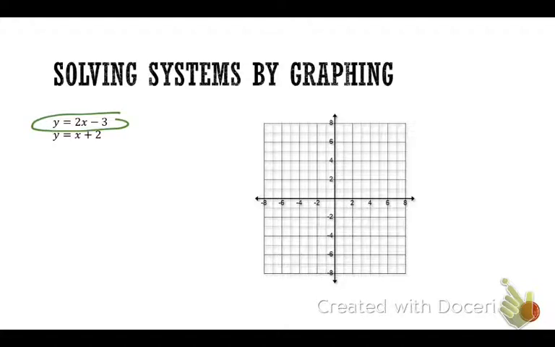So on the first equation, everybody together, tell me, where does my first point go on this line? Negative 3. Okay, so I go down to a negative 3 and I plot my point. All right, then where do I go from there? 1.